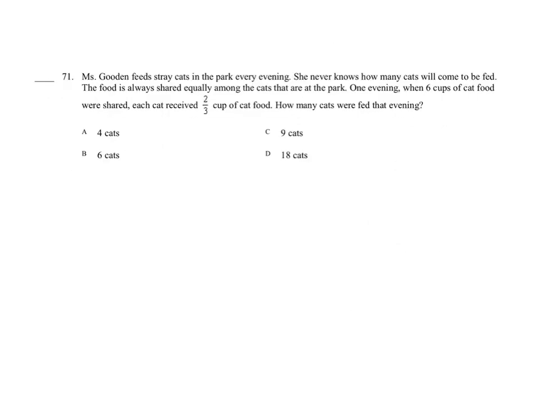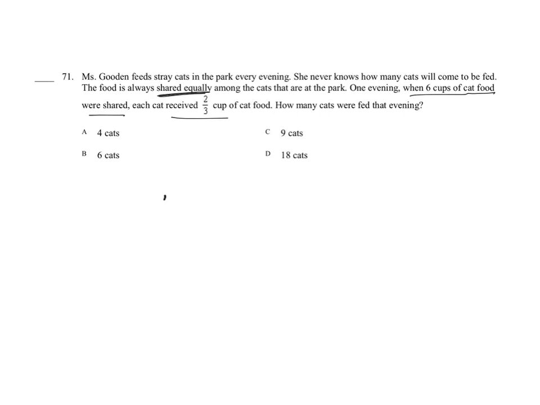Okay, question 71. Miss Gooden feeds stray cats in the park every evening. She never knows how many cats will come to feed. The food is always shared equally. Oh, shared equally. Think about dividing among the cats. One evening, when 6 cups of cat food were shared, each cat received 2/3 of a cup. So how many cats were fed?